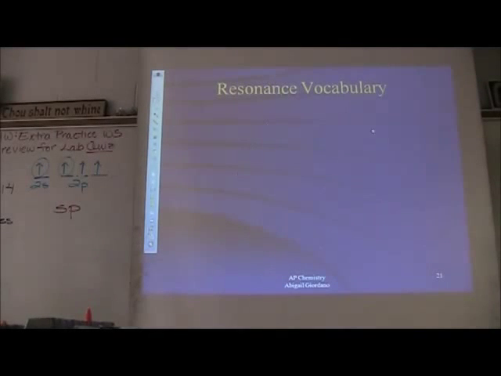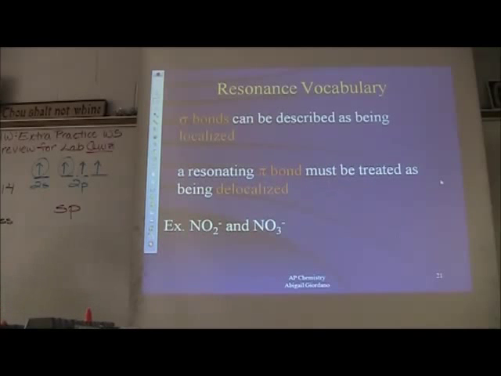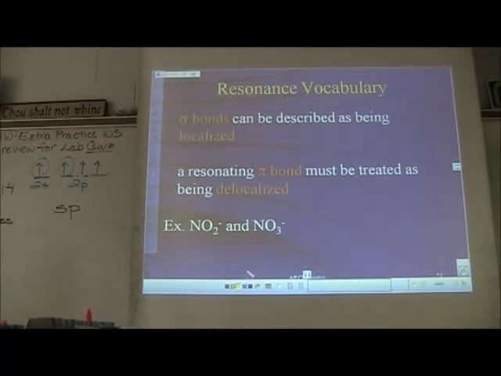So let's wrap this up. Okay? What's on this slide is review as well. We have already talked about resonance. Okay? So I'm going to draw this example out. Nitrate.